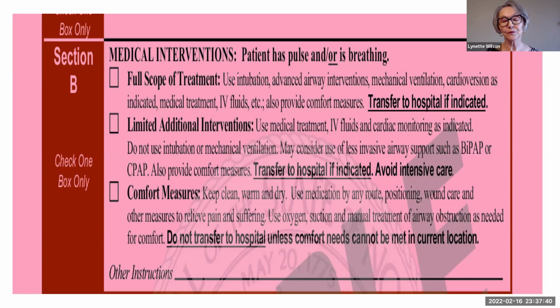Let me give you 2 examples from my own experience as a caregiver about when one or the other of these situations might be appropriate to use. I had a MOST form filled out on Roy for probably almost 2 years before he died because his medical status was so up and down.